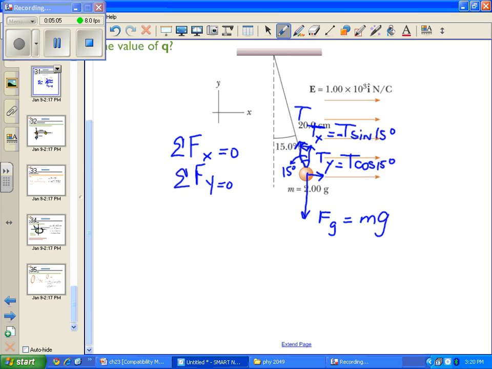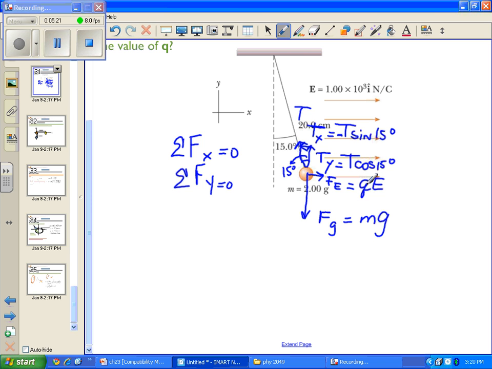So what we can say is that there is an Fe opposite to the direction of Tx, and we know that the electric force on a charge in the presence of an electric field is equal to QE.